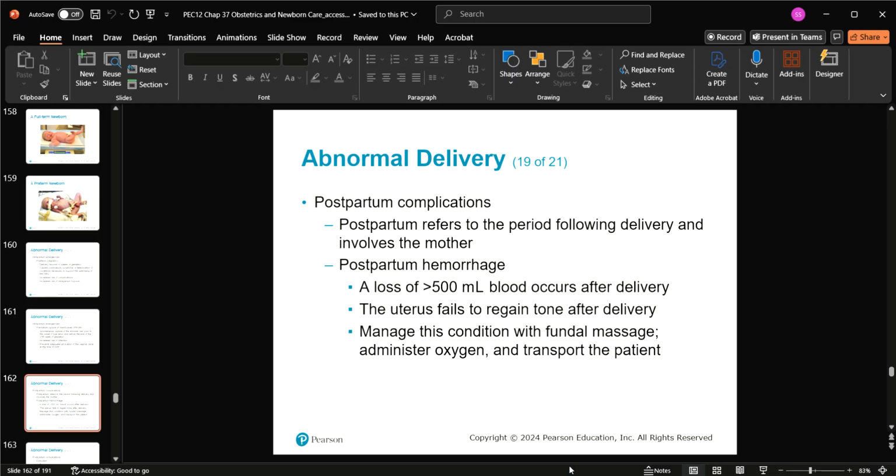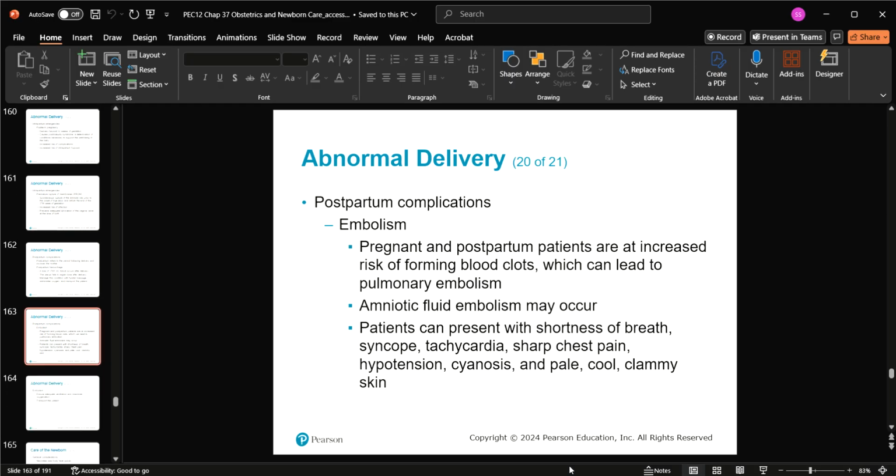So maybe my math's off. Doesn't matter. The point is, whether they are pregnant or not, 500 mLs is a lot of blood when it comes to anybody, and especially women, because they typically have less blood in their bodies compared to men.